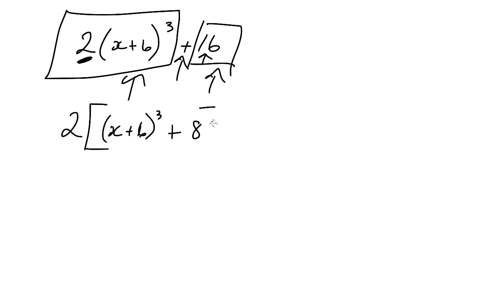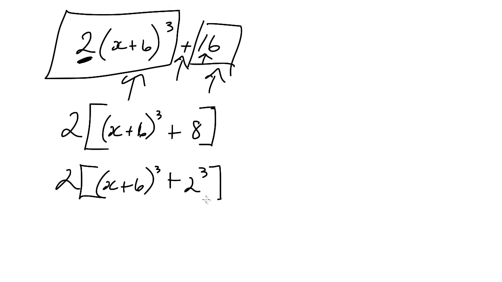Well, 8 is 2 cubed, so I can make this 2 times ((x plus 6) cubed plus 2 cubed), and then I have my a and my b. My a is the x plus 6, my b is the 2.